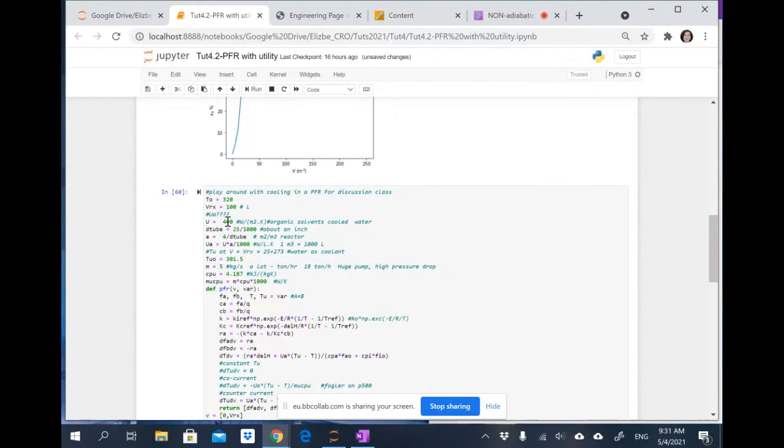This is not something that you can actually decide on. It is a typical value that I just used to get me started, but I must remember that the actual equation for that U is a function of the tube side heat transfer coefficient and the shell side heat transfer coefficient, the thickness of the material of which I'm making my tube, and its thermal conductivity.